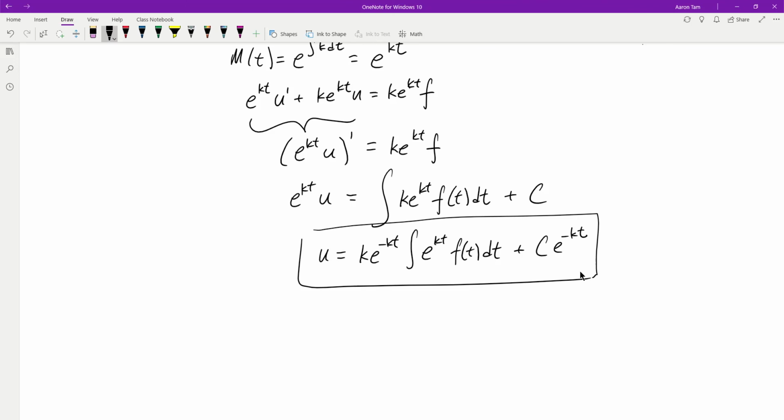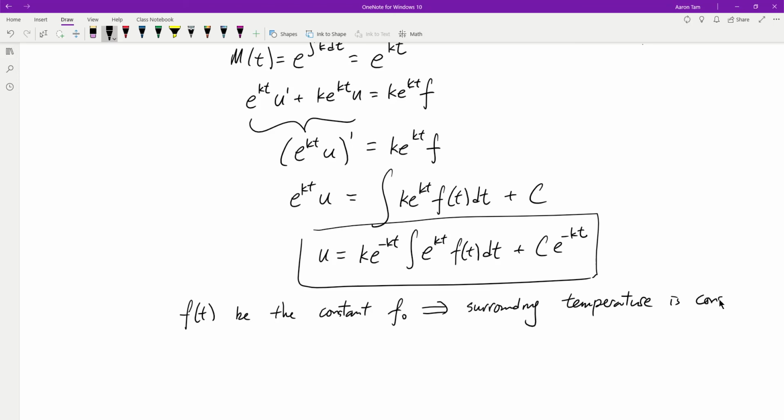Now, of course, that does not look like the Newton's law of cooling formula that you know. Well, of course, because the formula that you have learned before assumes some of the things are constant. For instance, in this case, we're going to let f of t be a constant, let's say f sub 0. So what does that imply? It implies that the surrounding temperature is constant. Which is not that far off from the truth.